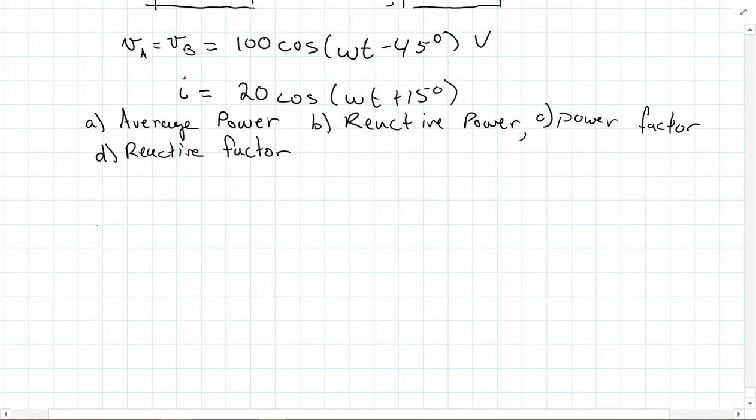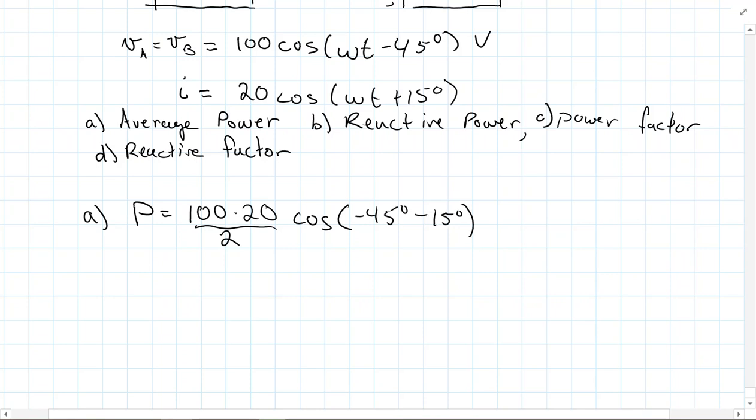So the average power here, this would simply be P is equal to 100 times 20 over 2 cosine of negative 45 degrees minus 15 degrees. And if you do that computation, you get 500. Now the units for power are still just watts, so we get 500 watts.